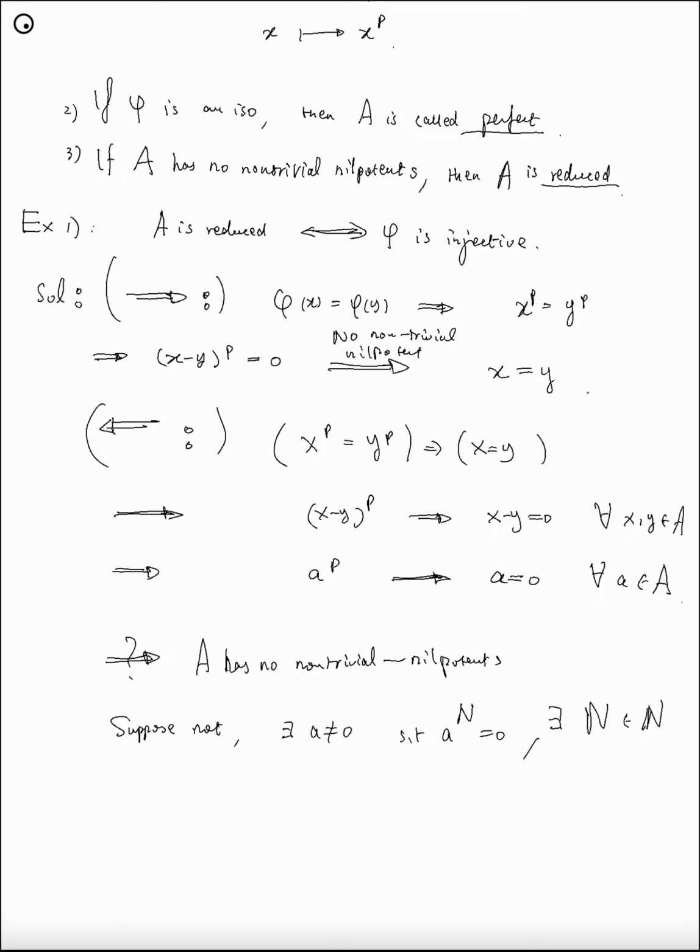So if a to the power n equals 0 for some non-zero a, with n the smallest integer, the smallest such integer.